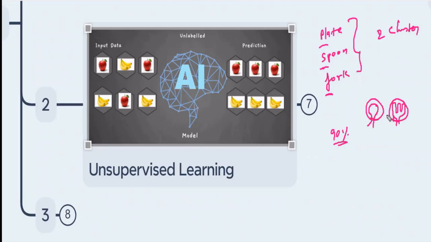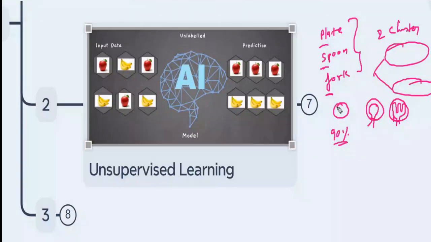It doesn't know the names or the labels of those images. Simply it will categorize: plate images in one group, fork and spoon images in another group. Why does it easily detect the plate image separately? Because the shape and size are completely different and do not match either the spoon or the fork. That is why it creates a separate group.